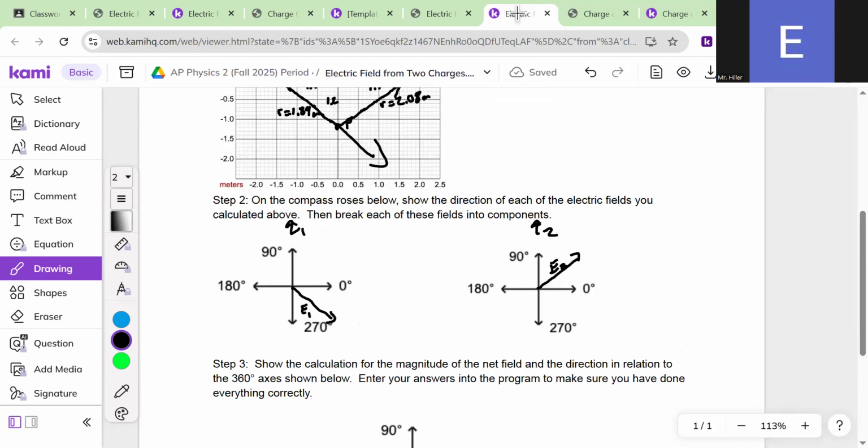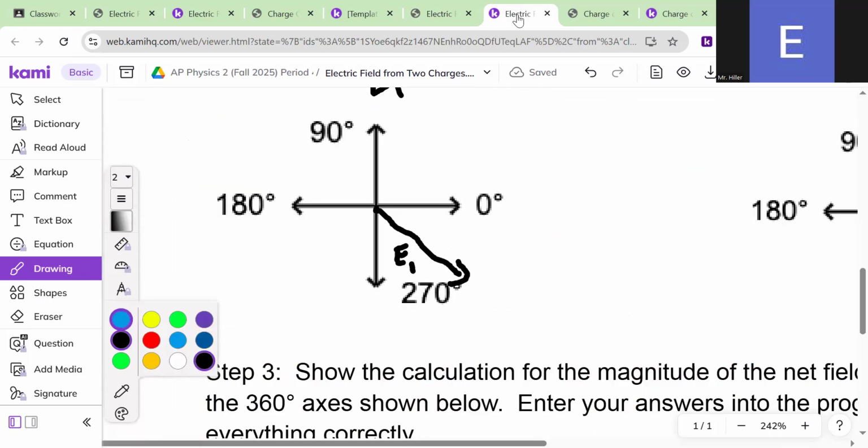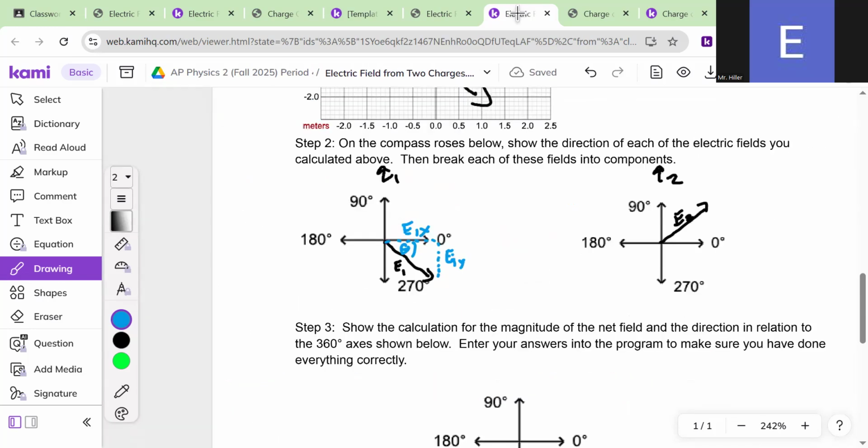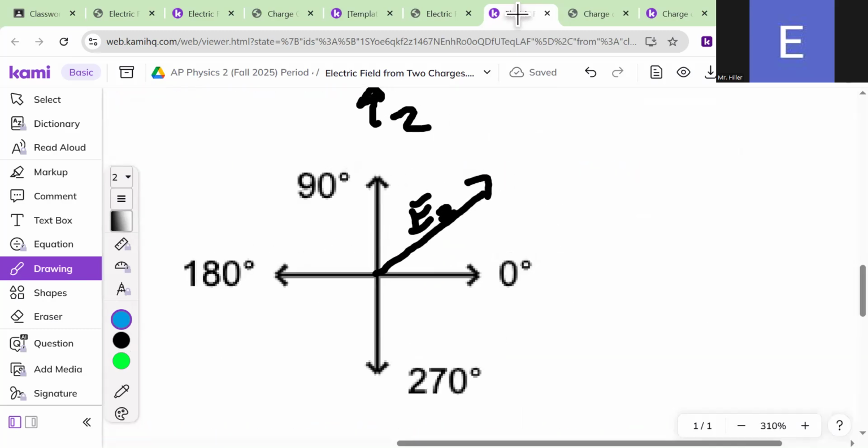We have to break these down into their components so that we can figure it out. Once we find E1 and E2, we're going to have E1 in the X direction and a negative E1 in the Y direction. We need that angle. Same thing here. We'll need E2 in the X direction, and we'll need E2 in the y direction.